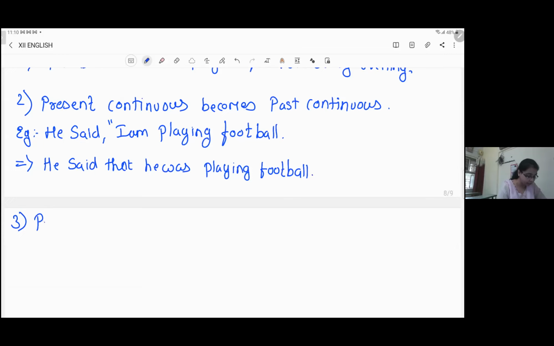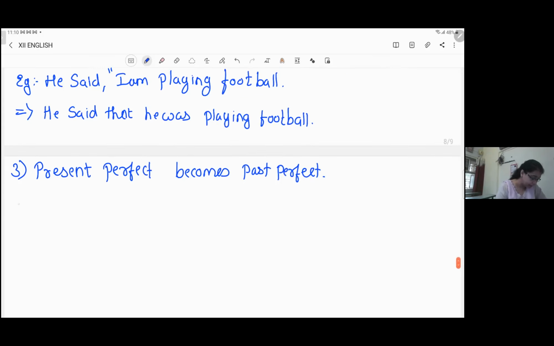Present perfect becomes past perfect. Write the sentence.